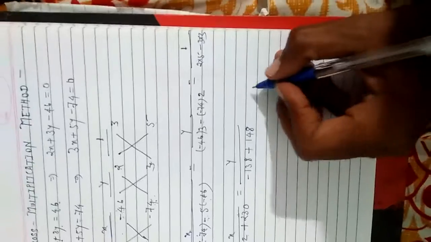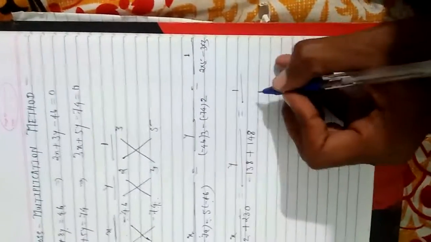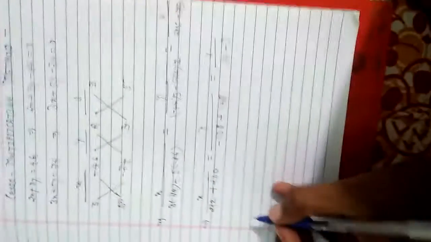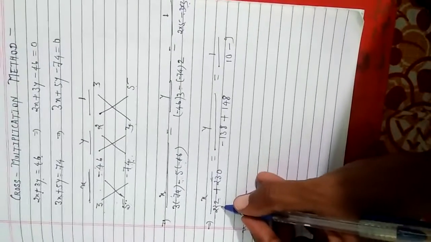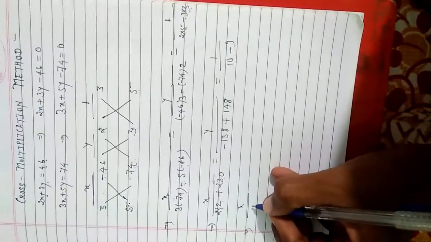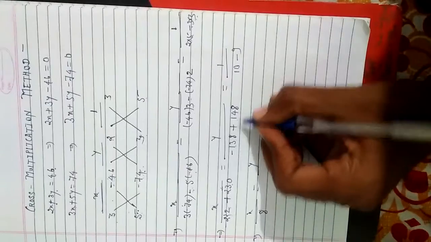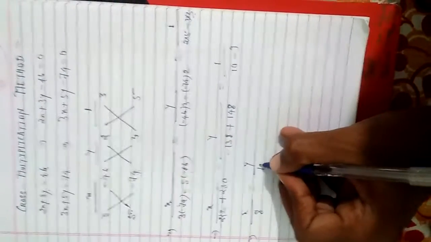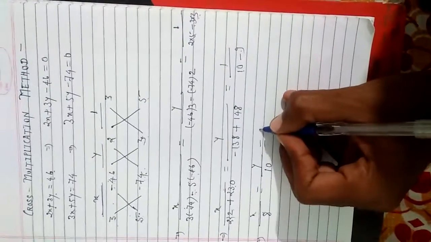Now here 2 5s are 10, and minus 3 into 3 is 9. So x equals minus 222 plus 230, that means we will get 8 here, and y is minus 138 plus 148, we will get 10, and here 1 by 10 minus 9, 1 by 1, that means 1.